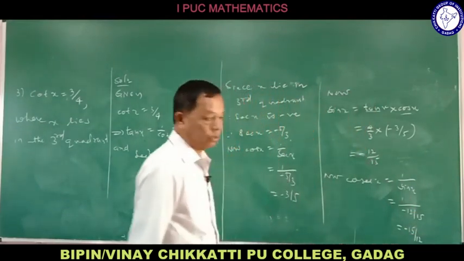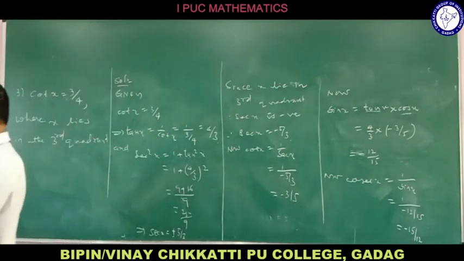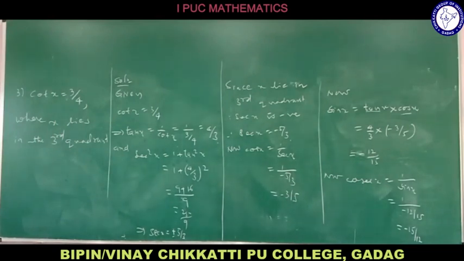So these are the ways how to find out the values of required ones, and accordingly you can see the answer.